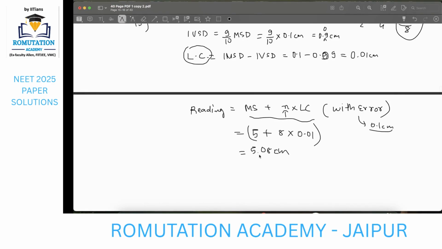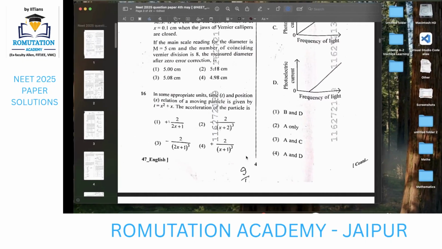So without error they are asking you, so 5.08 means you have to subtract the error which was prevalent from the starting. So that answer should be, right, this one. I think that is there in this option. So yeah, that is the answer.